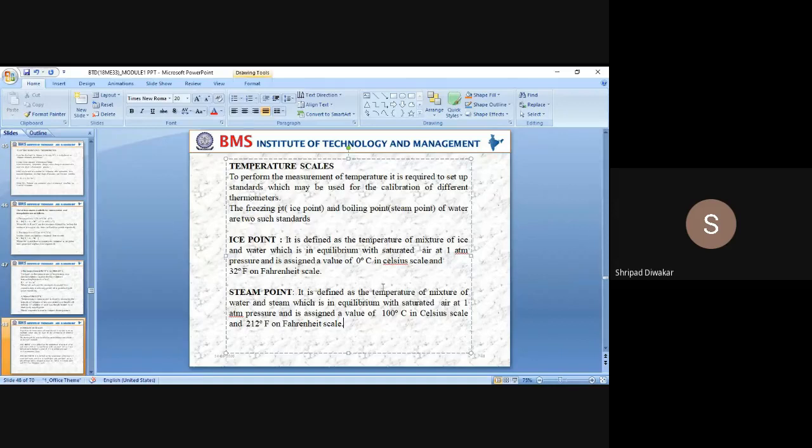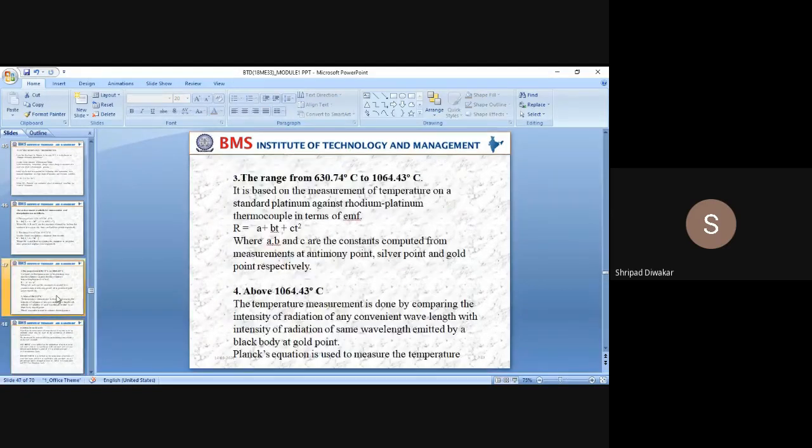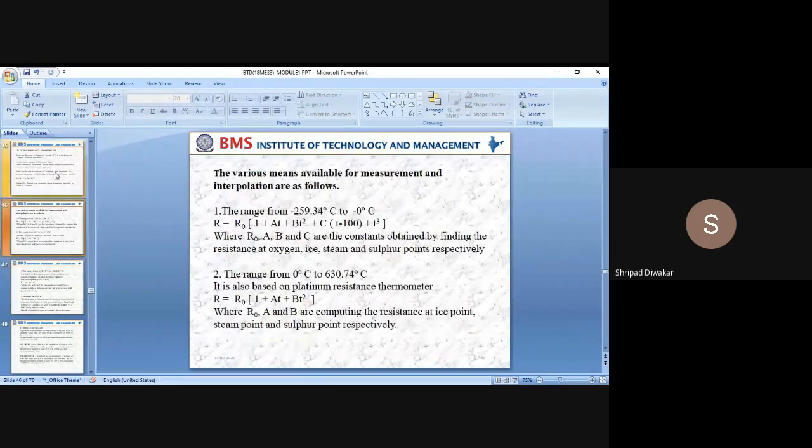Steam point is defined as the temperature of mixture of water and steam which are in equilibrium state, thermodynamic equilibrium state, at 1 atmosphere pressure, and the standard value for steam point is 100 degrees Celsius and 212 degree Fahrenheit. So sometimes they may ask to define the terms ice point and steam point.